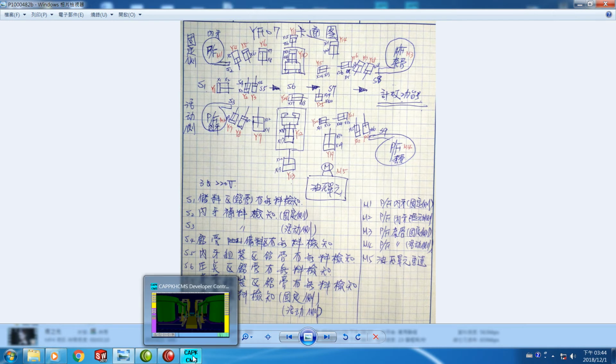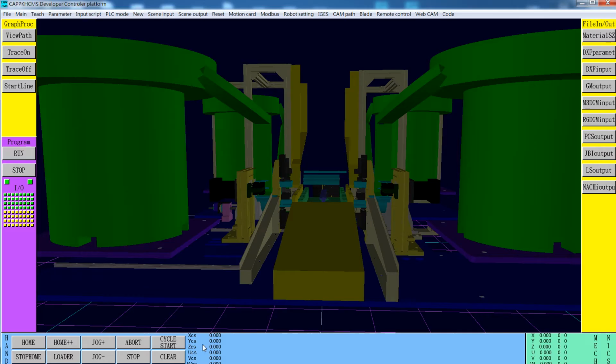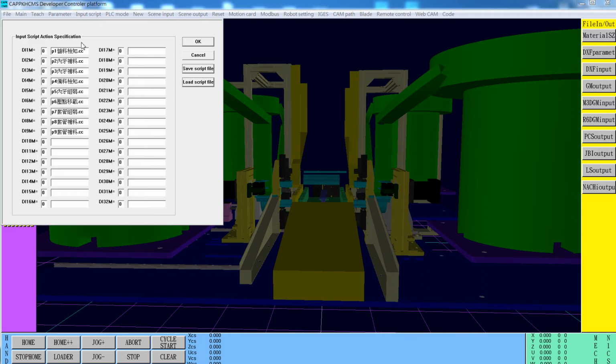Okay, let's see the virtual machine operated by CMSCAPP. The script is already feeding S1, P1, the material sense program. When S5 is in, the P5 inner teeth assembly script will be actuated.